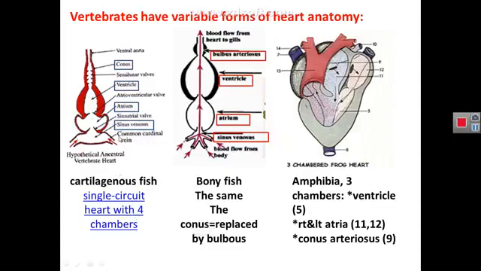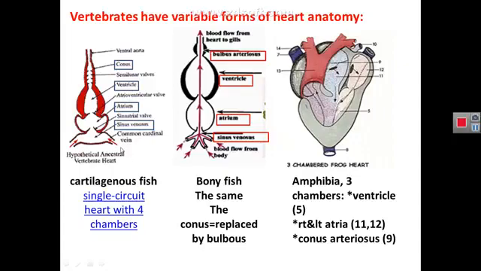This single circuit contains four chambers, which are, from anterior to posterior: the conus, then the ventricle, then an atrium, then the sinus venosus.